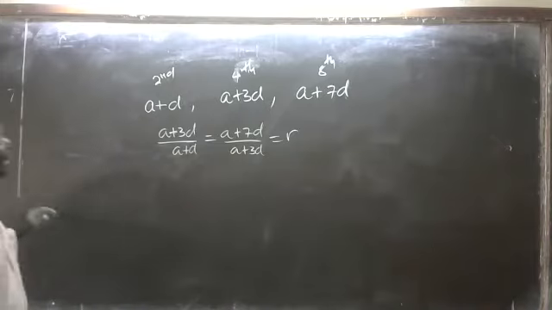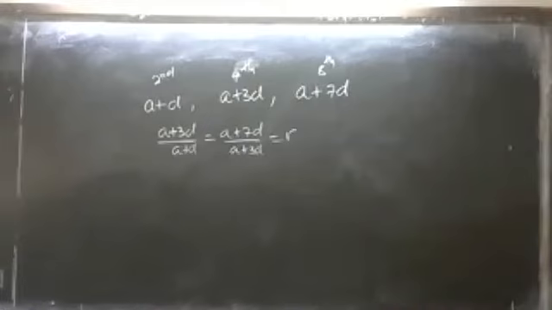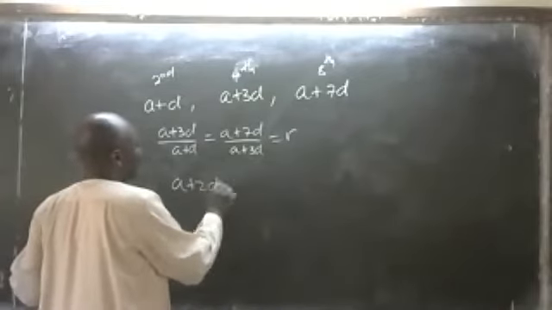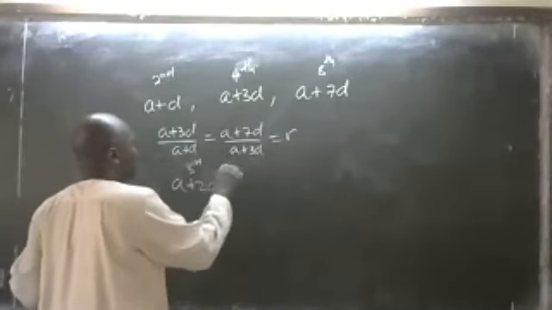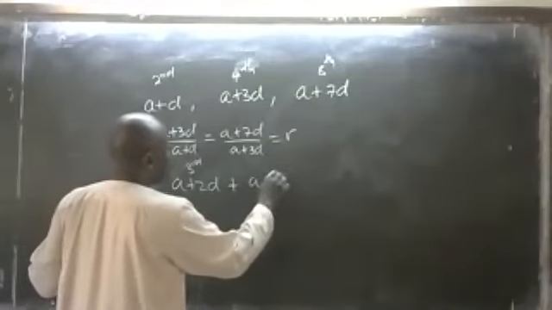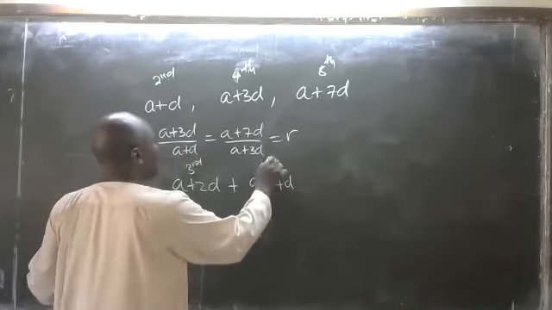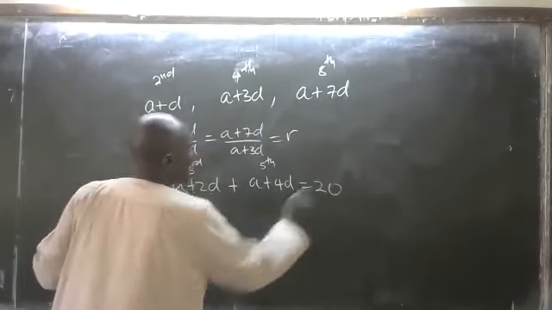Then it tells us that the sum of the third and the fifth is 20. This is the third, that's the fifth. This is equal to 20.